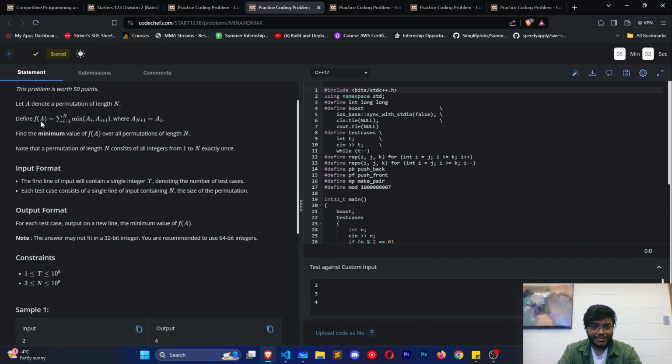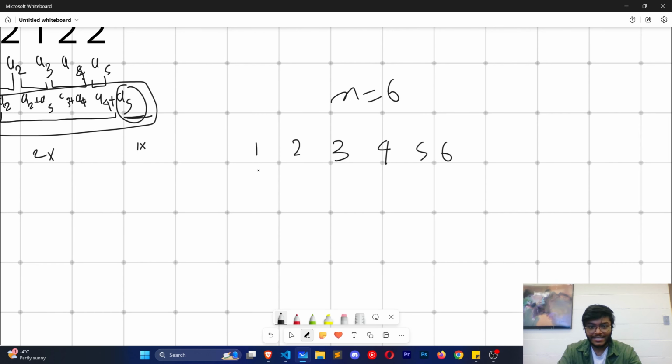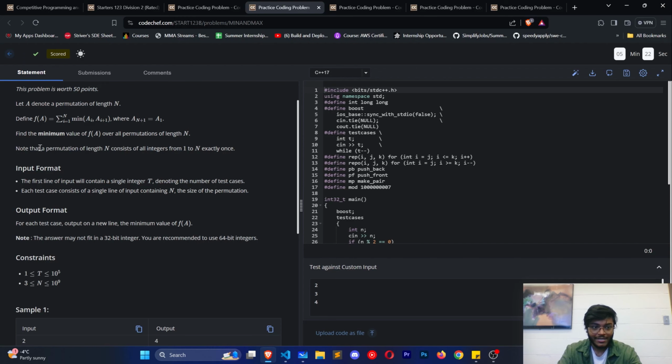Our function f: by the way, this is a circular permutation, so the element after 6 would be 1, where a n plus 1 is equal to a1. We have to take the minimum of the current element and the next element, and sum the whole thing.